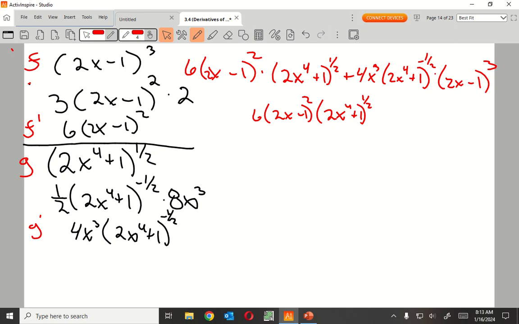This is a mess. I guess. So 4x cubed, 2x minus 1 cubed, and this one's going to be over 2x to the 4th plus 1 to the negative 1/2. Oh, that's not a negative 1/2, it's a positive 1/2.